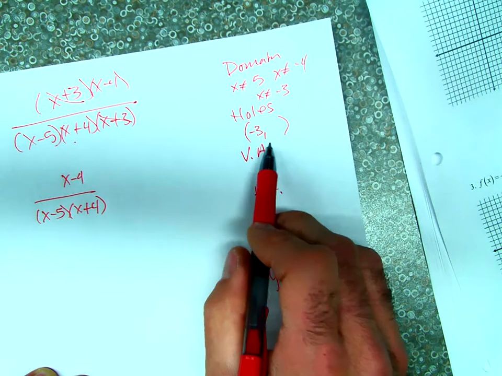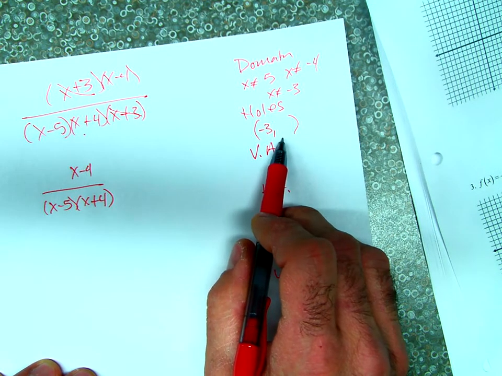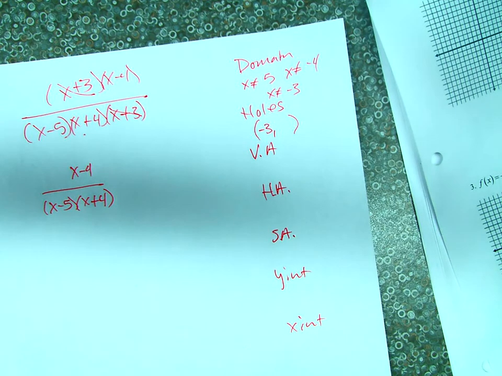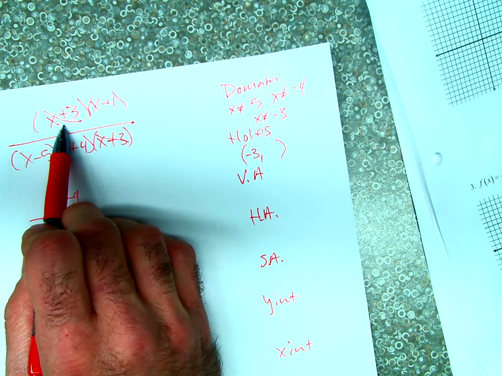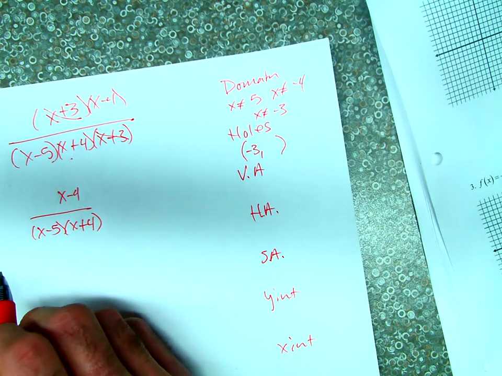How do I find the y value for the hole now? So what died was x plus 3, set equal to 0. Thanks for asking, Autumn.